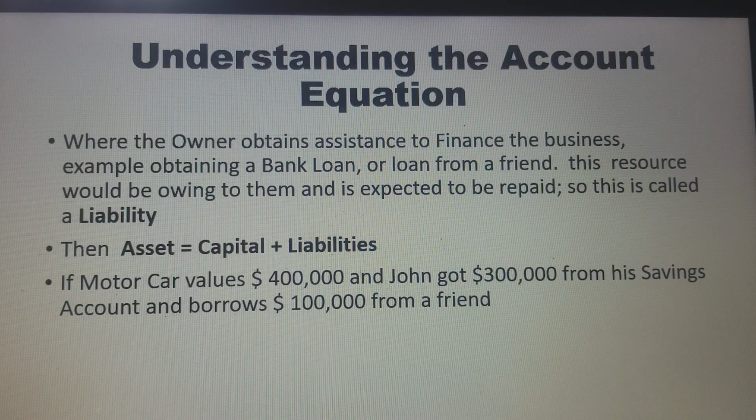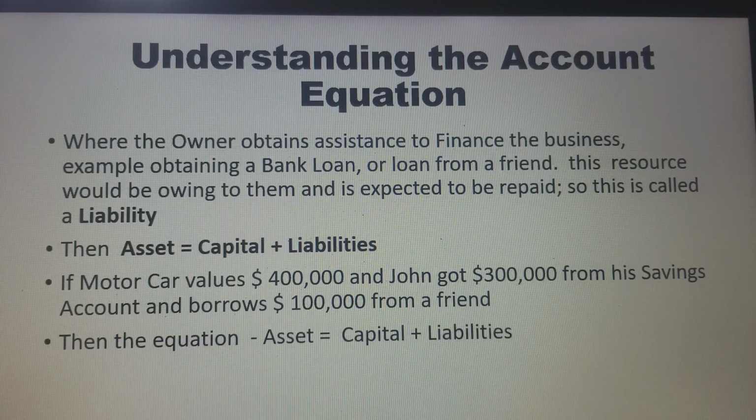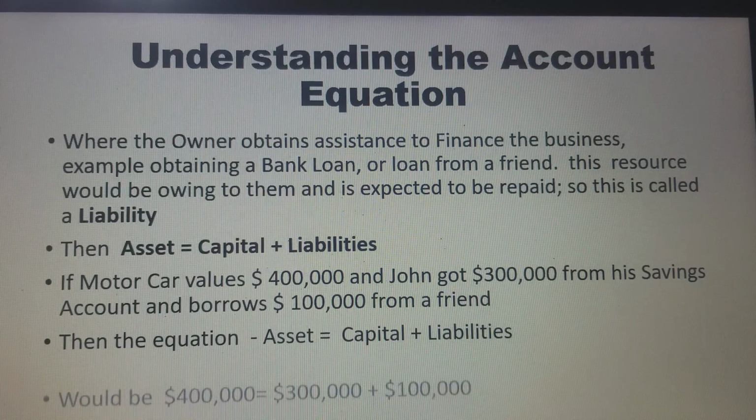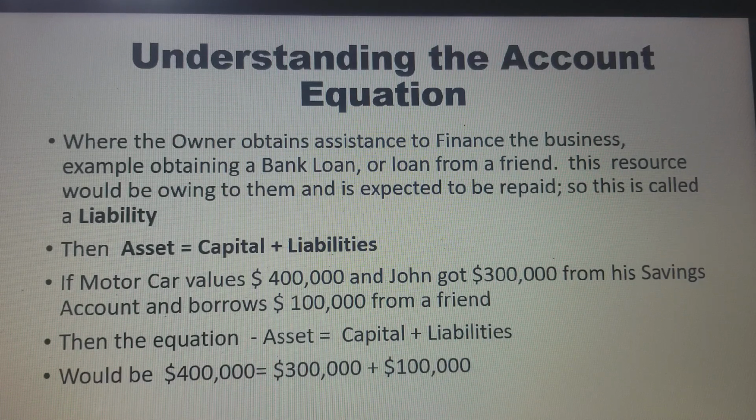If the motor car values $400,000 and John got only $300,000 from his savings account and borrows $100,000 from his friend, it means that the accounting equation would be what? Asset of $400,000 is equal to capital, which is $300,000, plus the liability, the money received from the friend, which is $100,000. All right, that is what it would be.